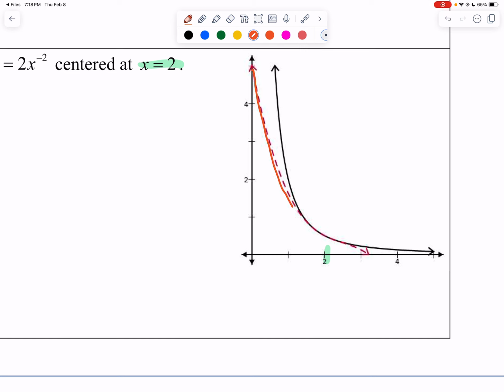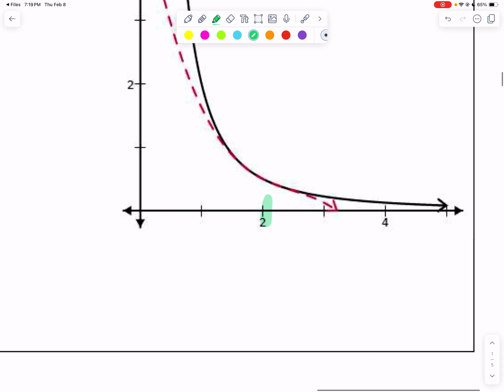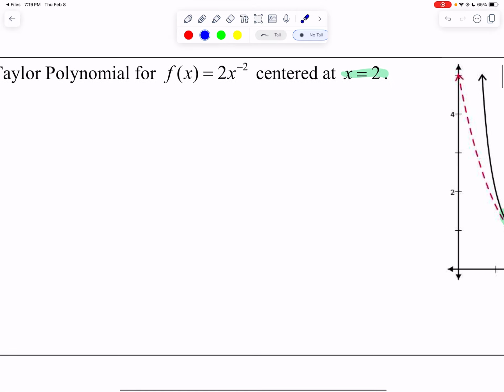It doesn't really look like it, but I promise you it's a 3rd degree at 2. So notice how at 2, my red graph is going to be almost the same as my original function of 2x to the negative 2.